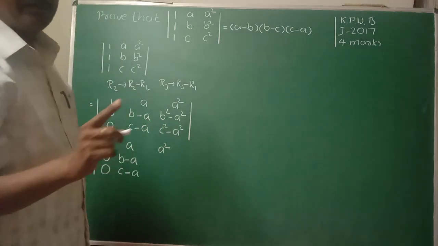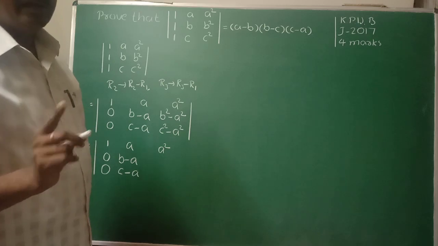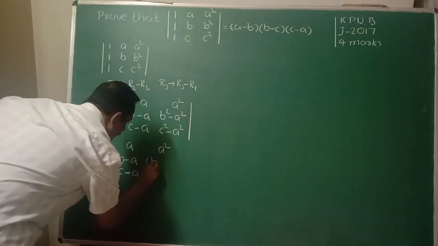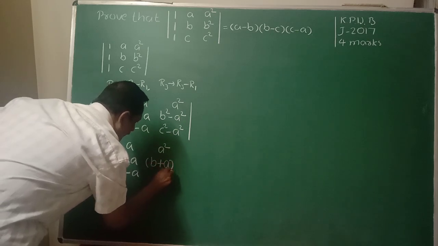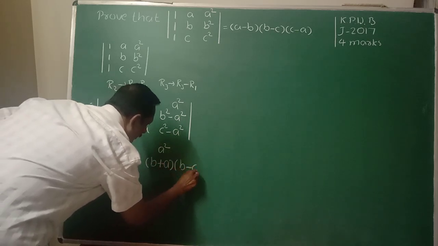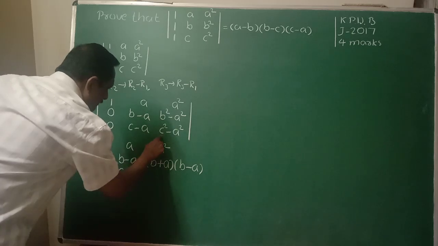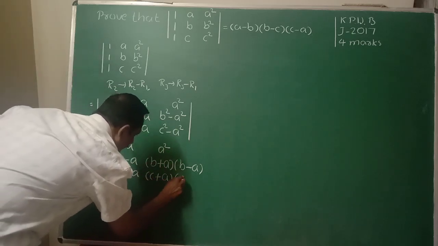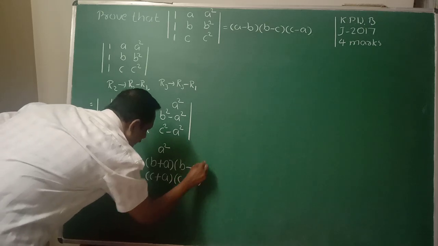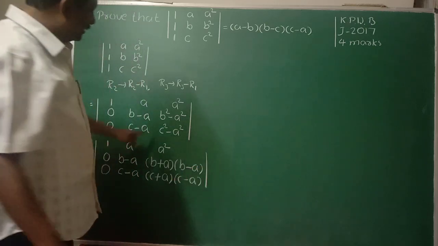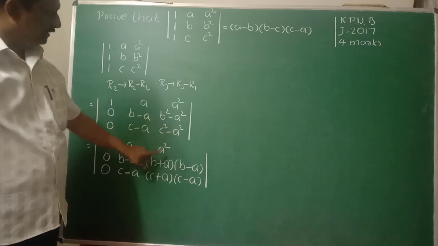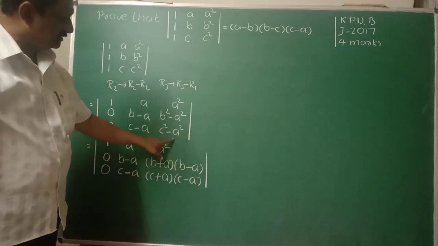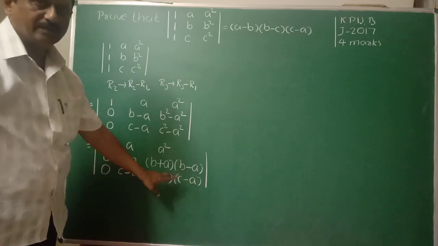Here you know the formula a square minus b square is a plus b into a minus b. Hence b square minus a square is b plus a into b minus a, and c square minus a square is c plus a into c minus a.